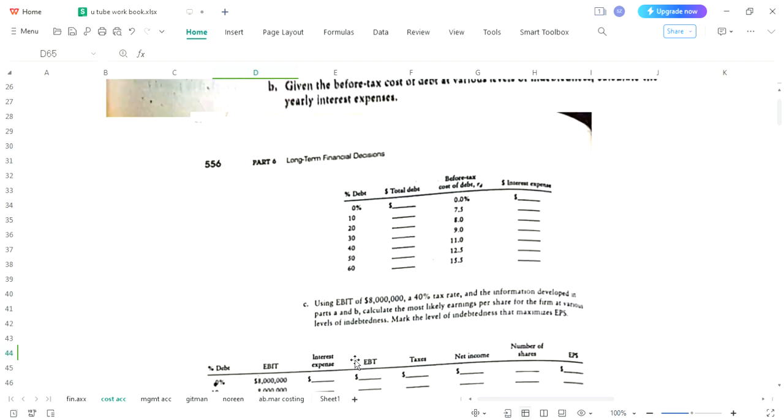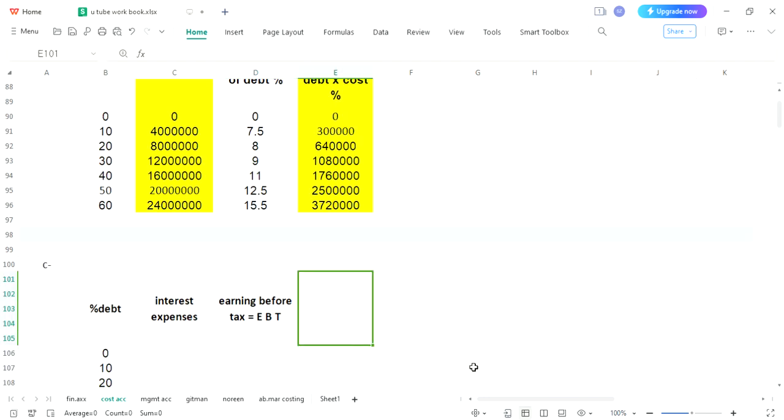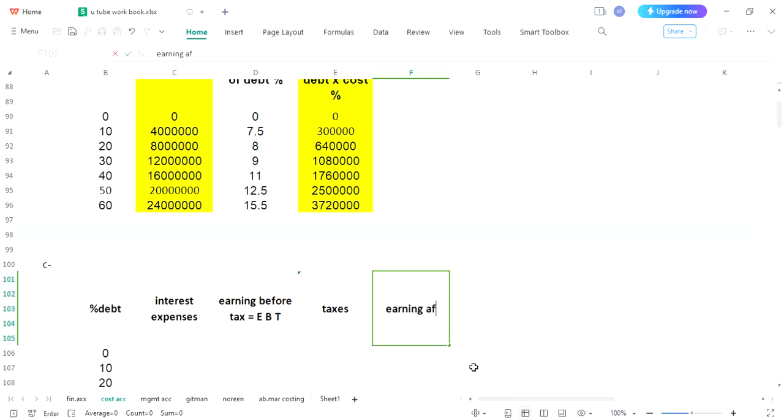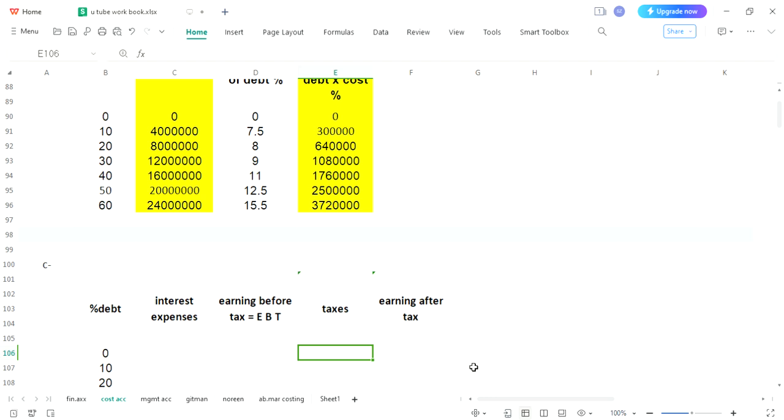Then we have taxes and net income. Taxes would be calculated, and earning after tax would be calculated over here, earning after tax. And this is actually earning after interest but before tax.